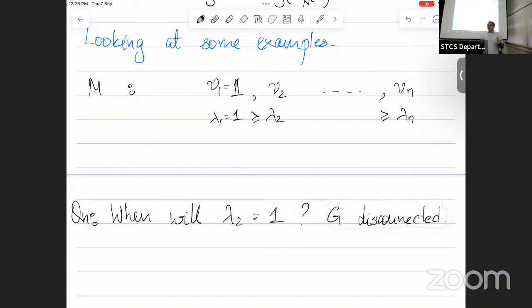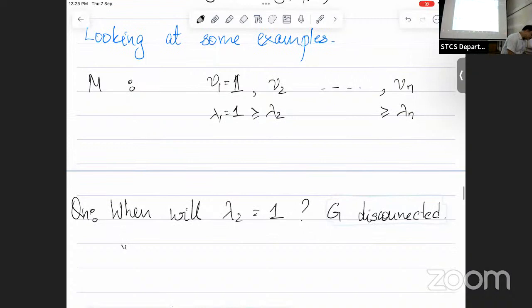And the averaging operation is obviously restricted to each component, and it will stay the same on each of the components. Okay, and if you formally want to look at this, suppose someone gave you an f that apparently is orthogonal to the all ones vector, but still m times f equals f.